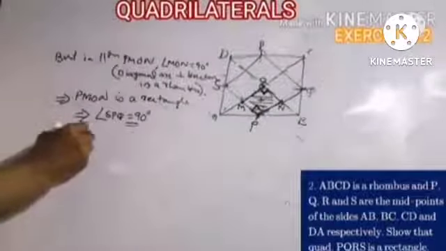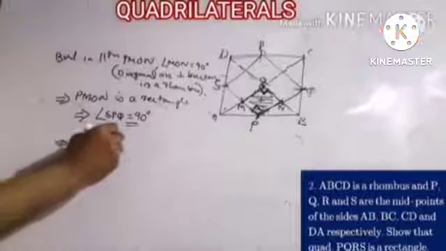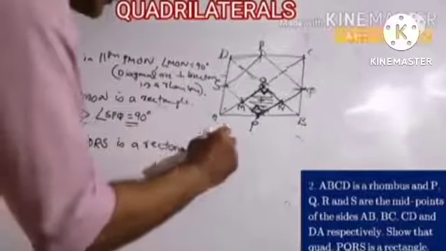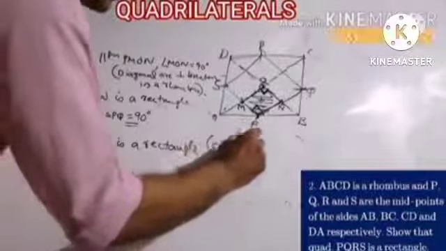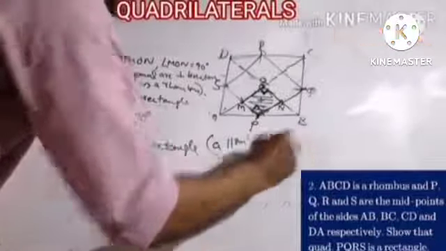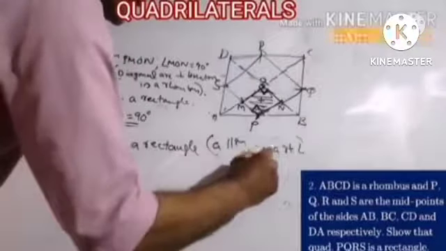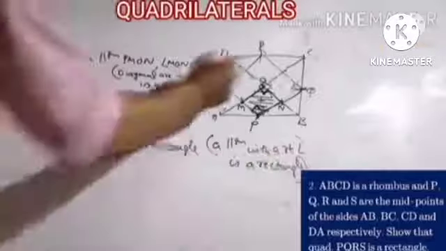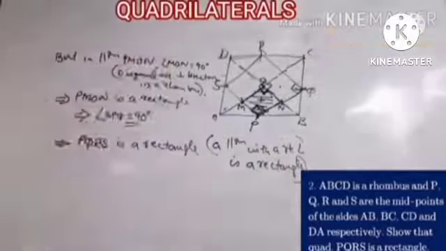Implies PQRS is a rectangle. Reason: a parallelogram with a right angle is a rectangle. Okay, this is the reason. PQRS is a rectangle. Now question number 2 completed.